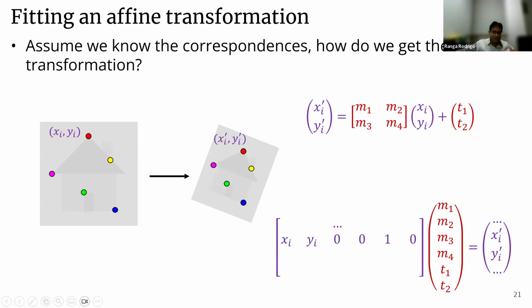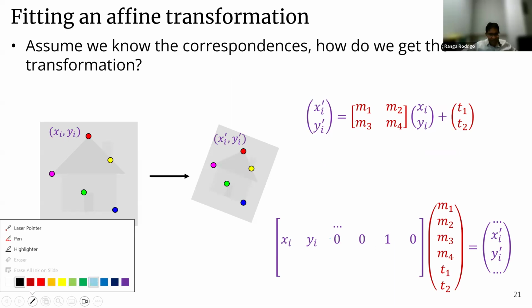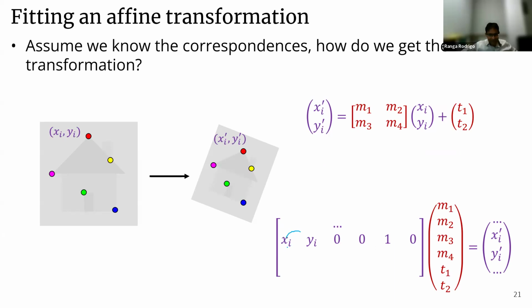Okay, so now we want to write that in matrix form. So M1, M2, and so on, we write here. You can see the M1 gets multiplied by X1, right? So here also you can see M1 gets multiplied by X1. So X1 multiplies M1, Y1 multiplies M2, and so on, right?